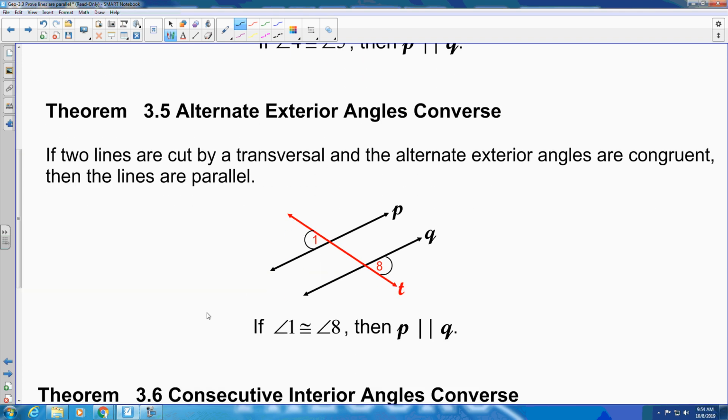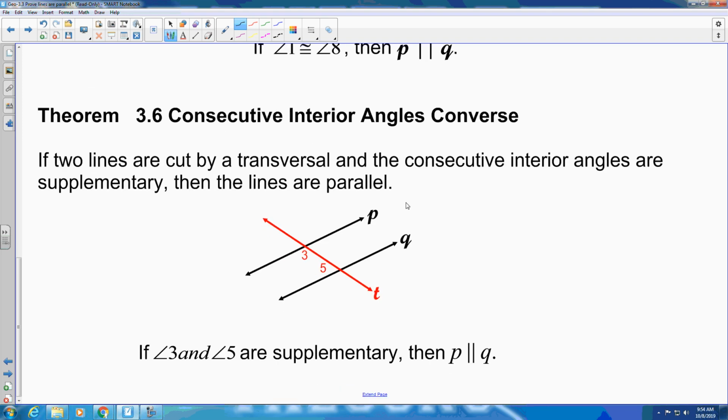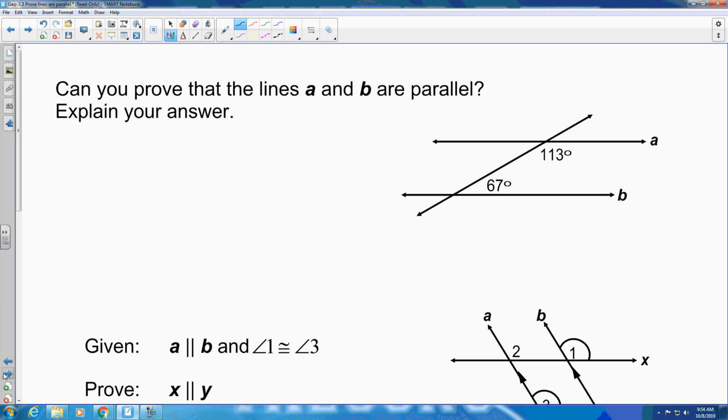Same thing here, alternating exterior angles. If the alternating exterior angles are congruent, then the two lines are parallel. Over here, if the consecutive interior angles are supplementary, then the two lines are in fact parallel. So we can use those theorems and postulates to help us create proofs and determine if in fact two lines are parallel.